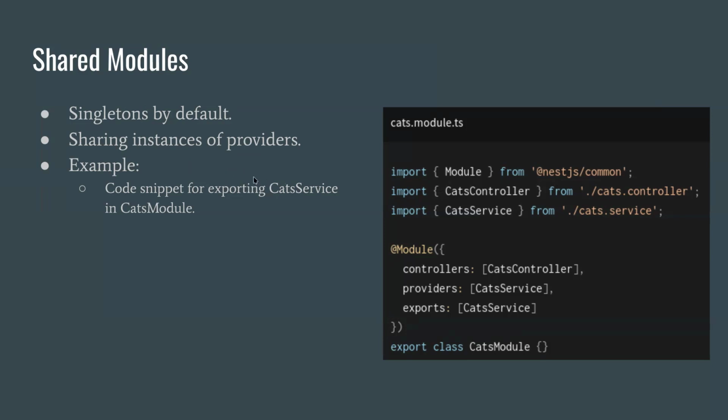To make a provider shareable, you need to export it from the module. By adding CatsService to the exports array, any module that imports CatsModule will share the same instance of CatsService.